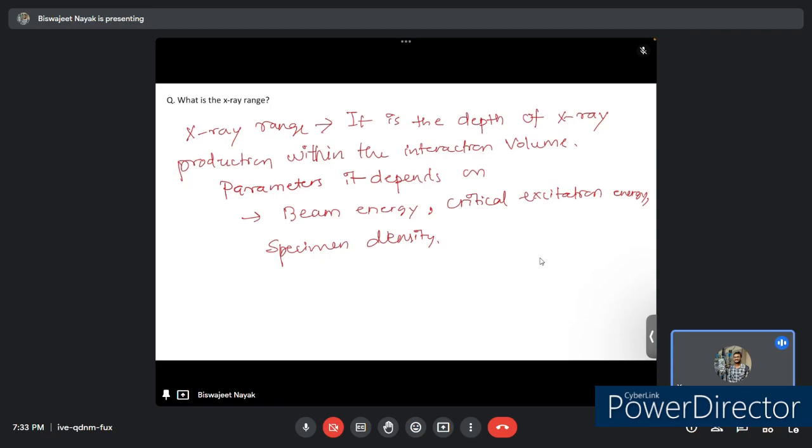Why is this so important? For these parameters, we don't want to give higher beam energy to the specimen, because it may damage our sample. So that's why these parameters are very important to understand. For a particular specimen, what are the minimum requirements, and how much maximum beam energy can we put on it.